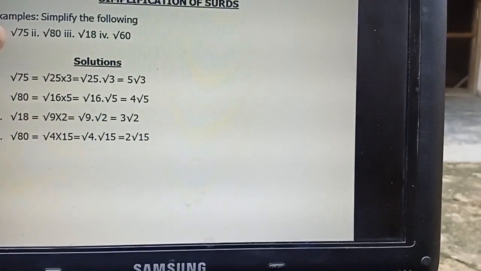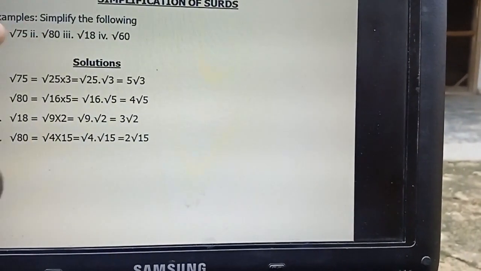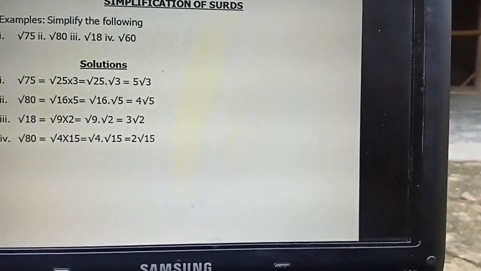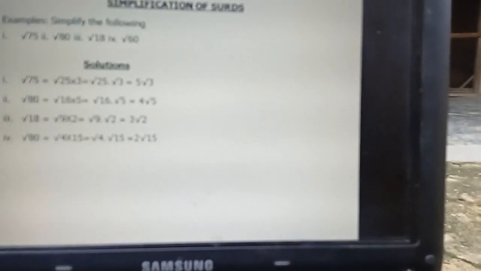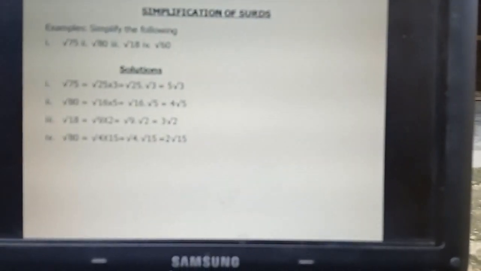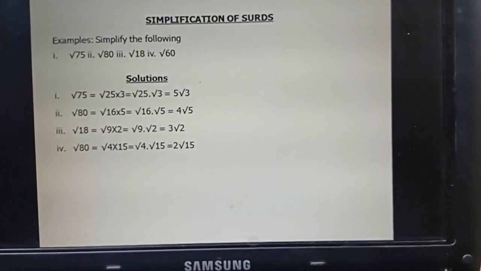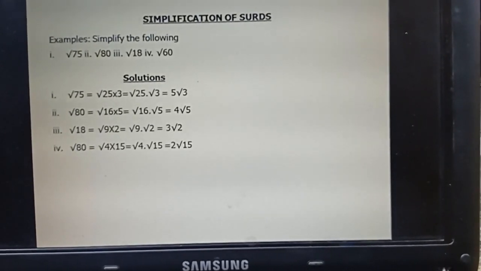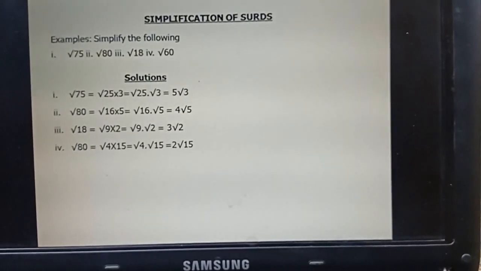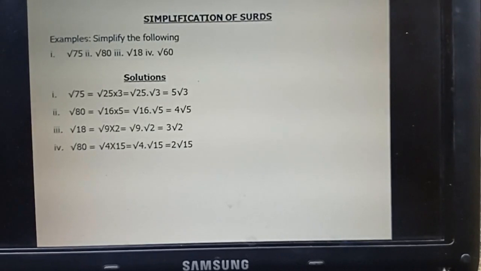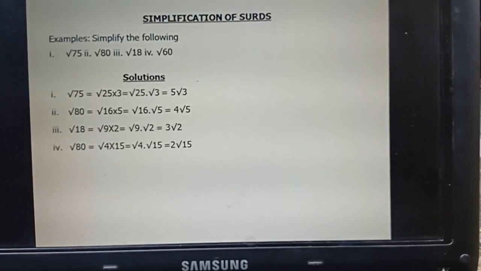When you see this, it means square root of 75. Square root of 75, square root of 80, square root of 18, square root of 60.